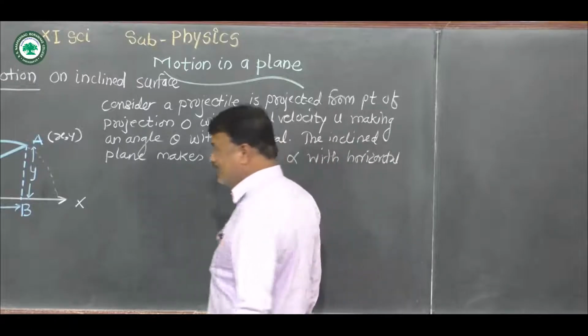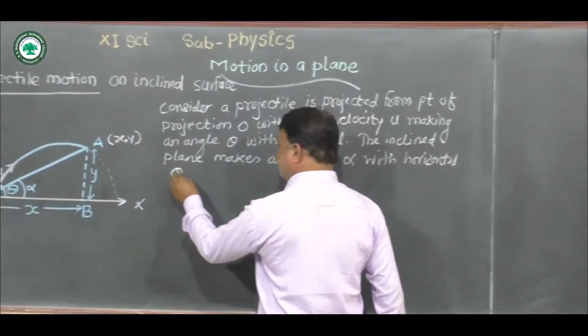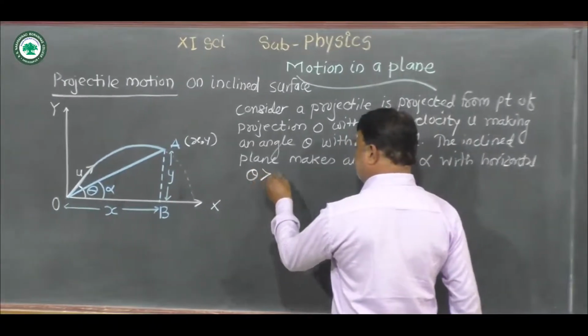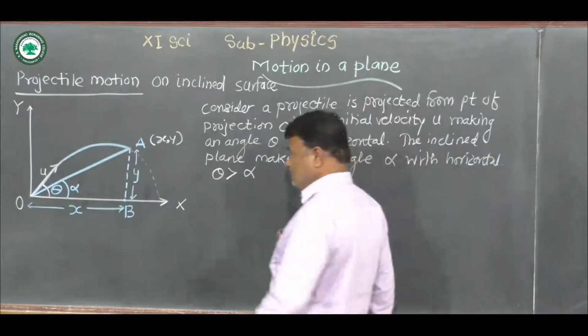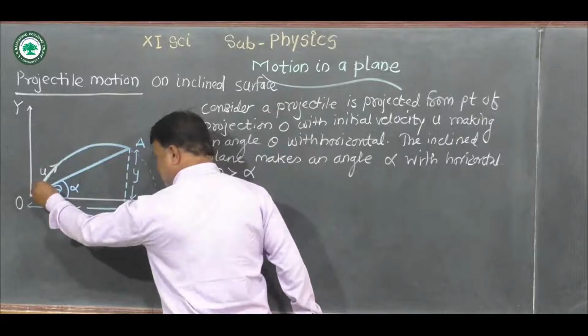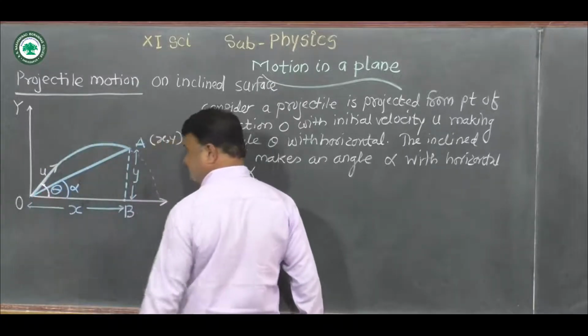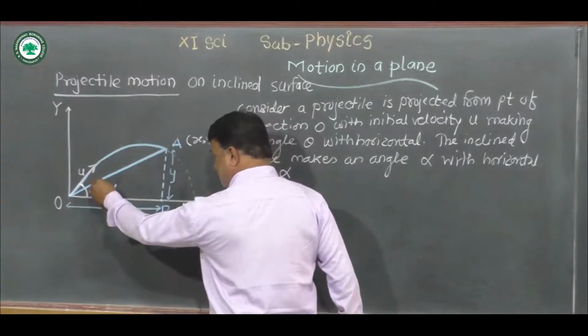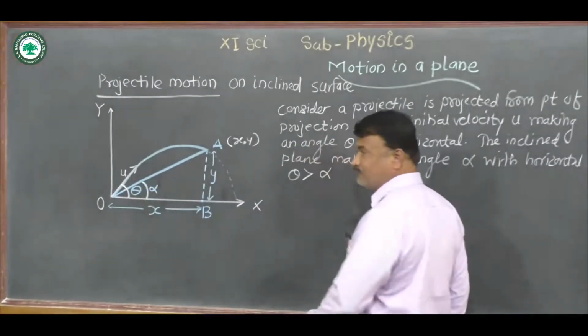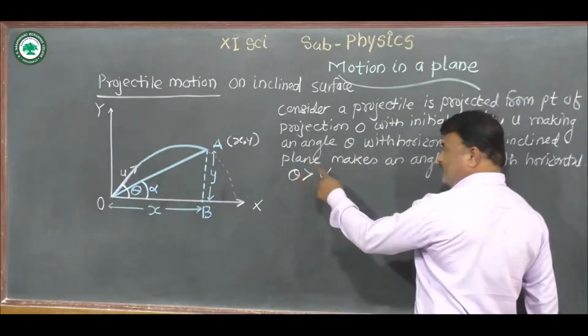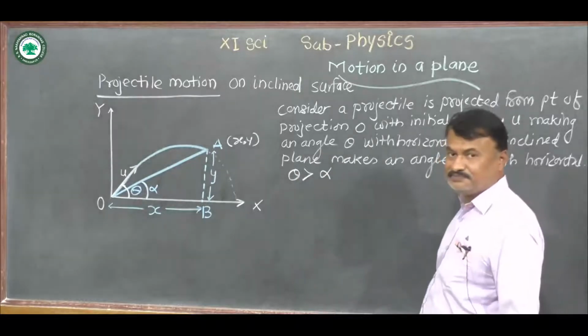Now from this diagram we know that this theta is greater than alpha. This angle is theta and this angle made by the inclined surface is alpha. Theta is always greater than alpha.